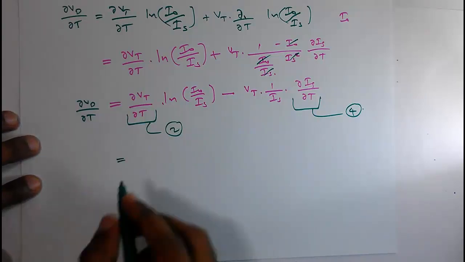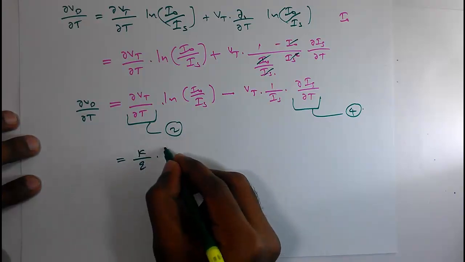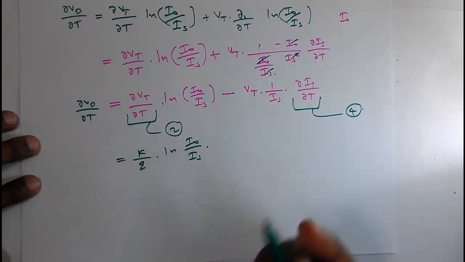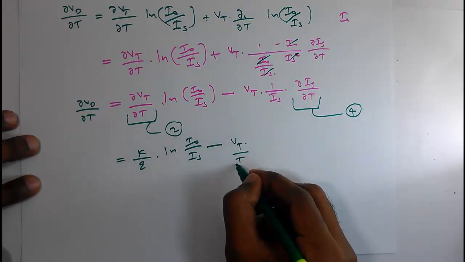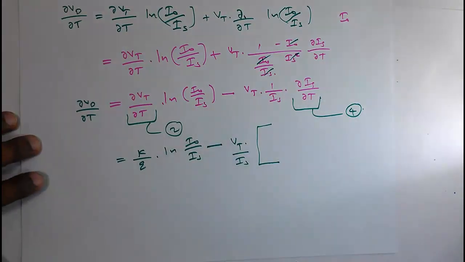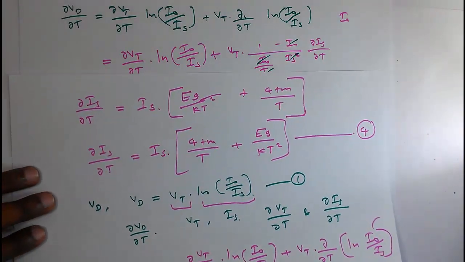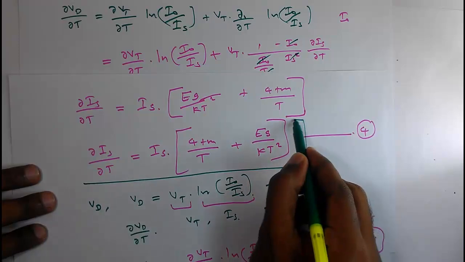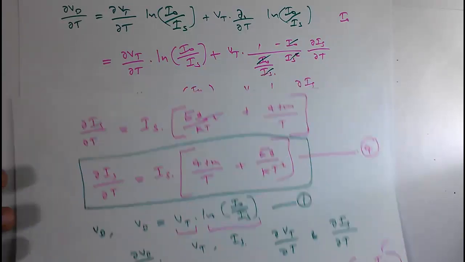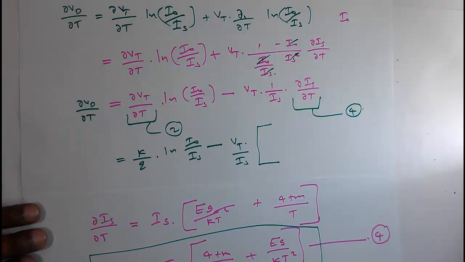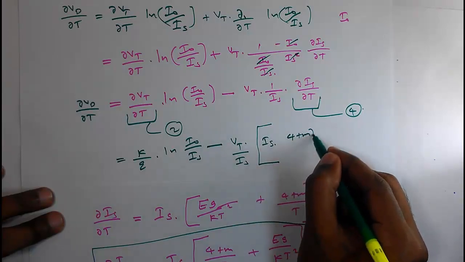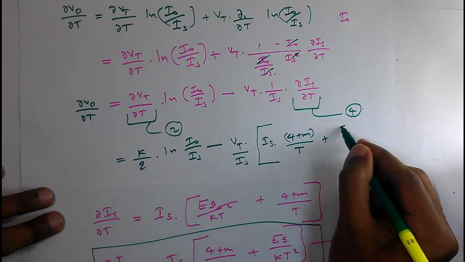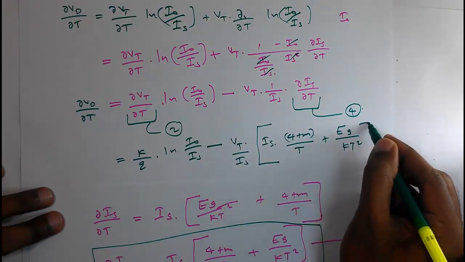So dou Vt by dou T is k by q into ln I0 by Is minus Vt by Is into dou Is by dou T, which we derived in equation 4, that is Is into 4 plus m divided by T plus Eg by kT square.